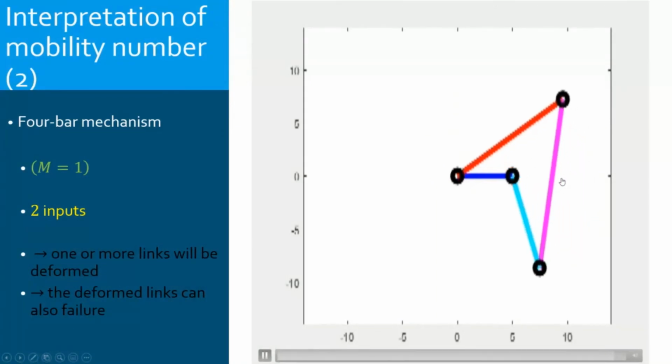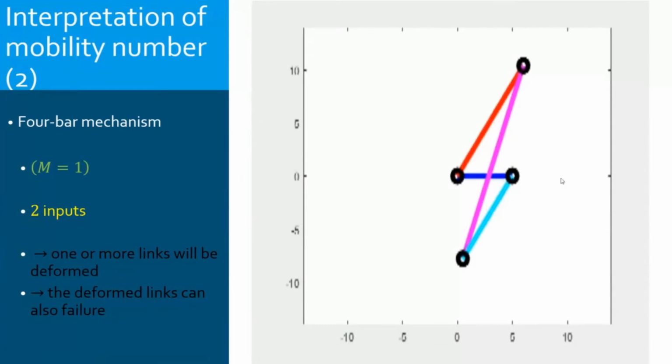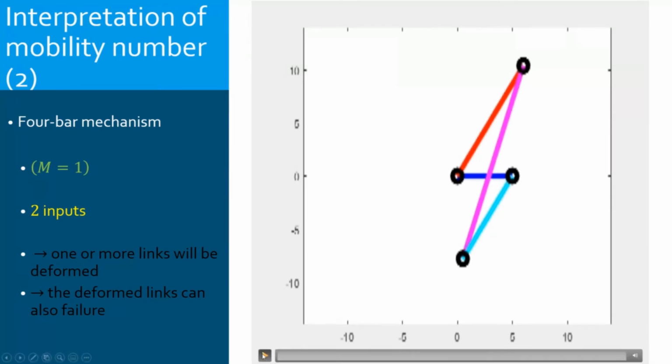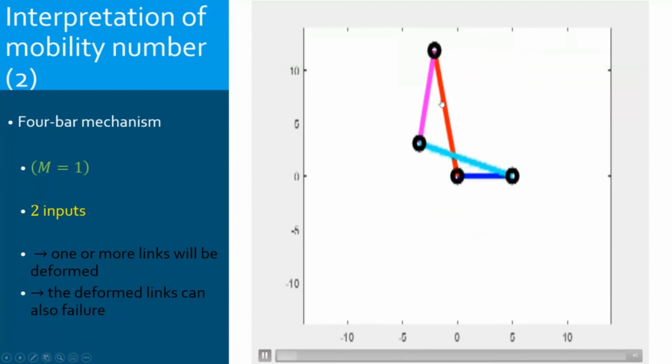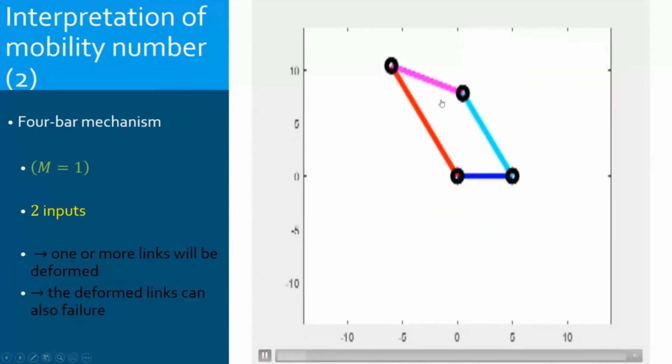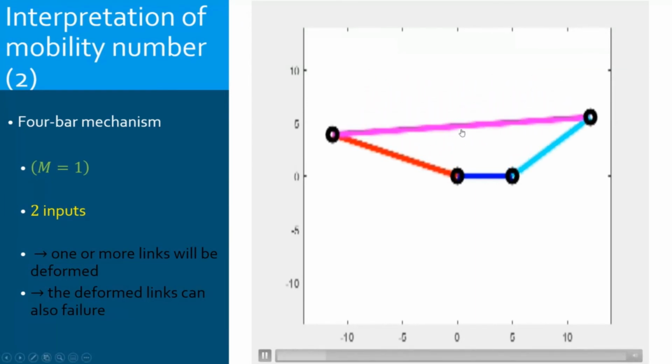It's deformed. You cannot maintain that this bar behaves as a rigid body. It's stretching enormously. This kind of stretching is only theoretical; in reality, this will fail.